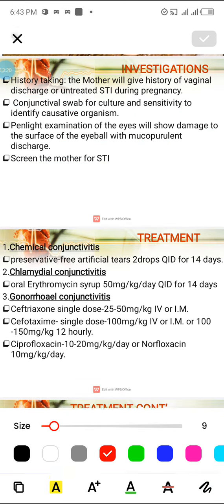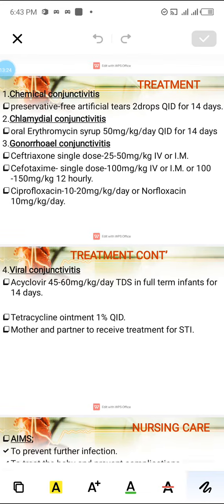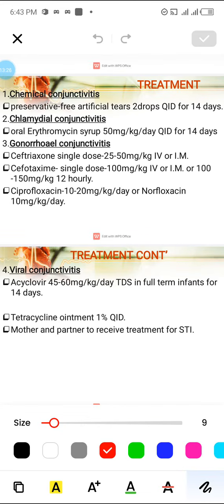Then let's go to the treatment. When we go to the treatment, if it's chemical conjunctivitis, and you have really done the investigations, you're going to just use preservative artificial tears. So artificial tears will be 2 drops QID for 14 days, just to preserve the eye, so that the eye can clear.